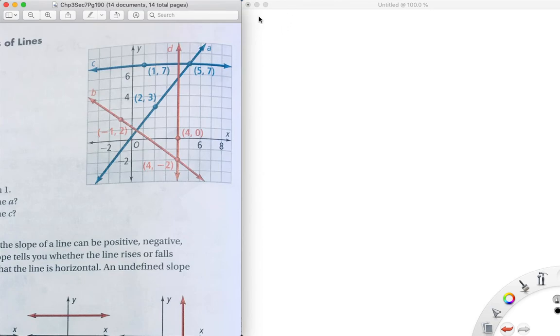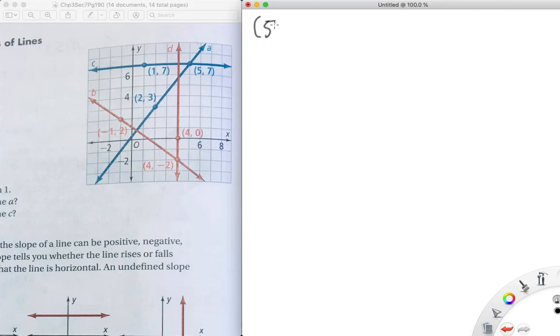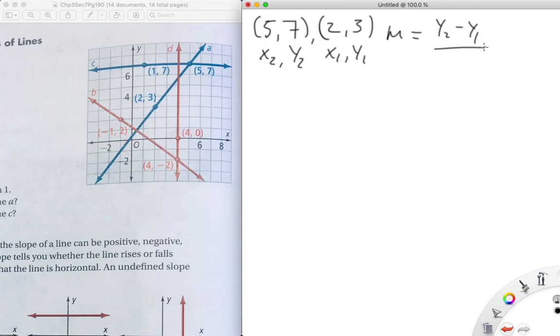One of my points is (5, 7), and my other point here is (2, 3). Let's call this guy over here my x2 and my y2, and this guy over here my x1 and my y1. Remember, slope is y2 minus y1, rise over run, x2 minus x1.